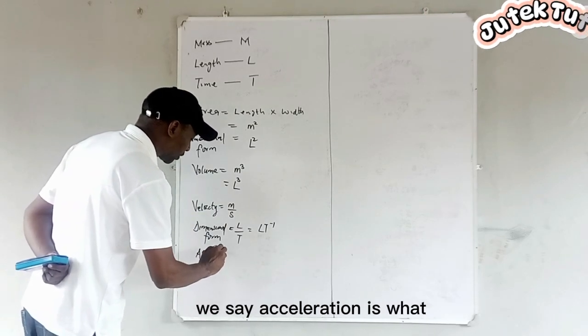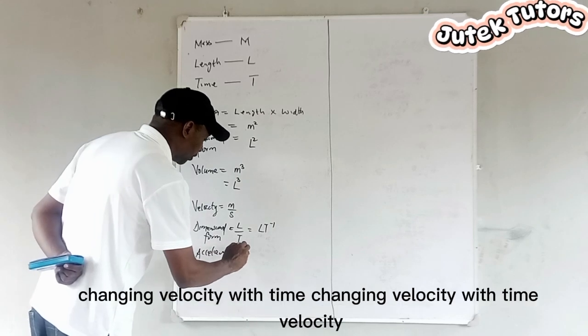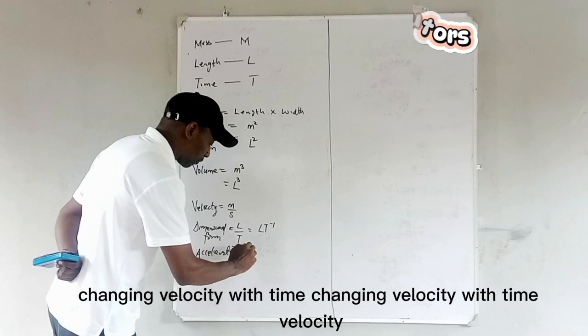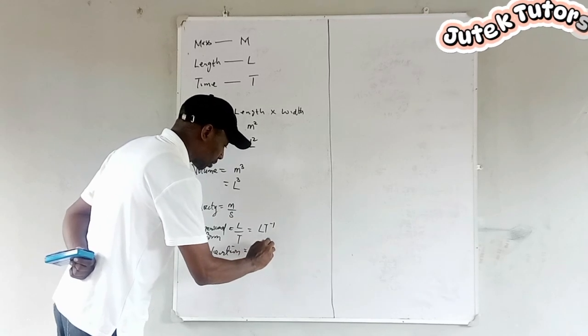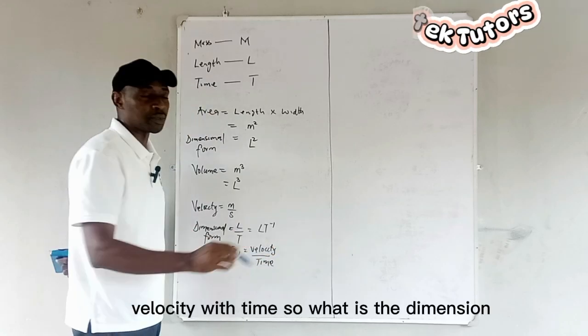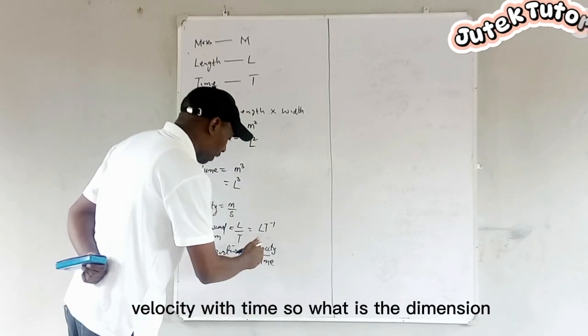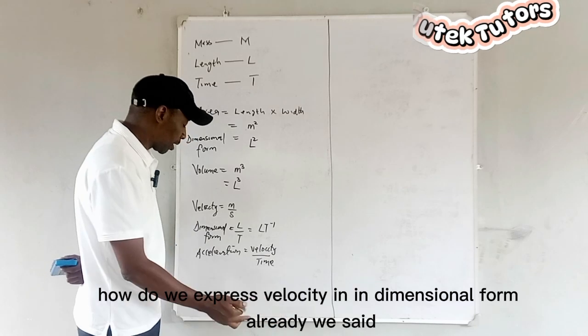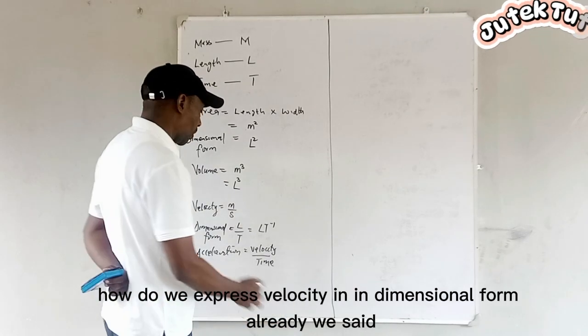So let's look at acceleration. We say acceleration is what? Change of velocity with time. So what is the dimension? How do we express velocity in dimensional form?